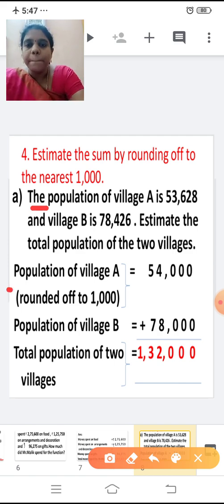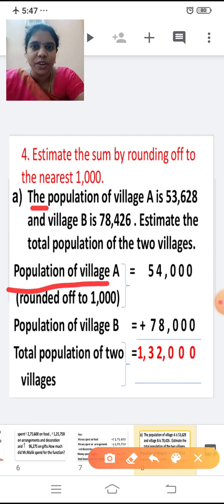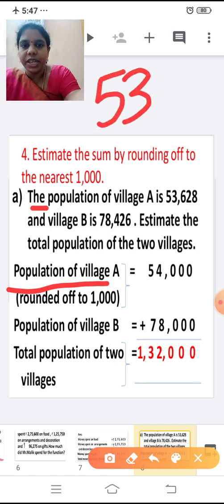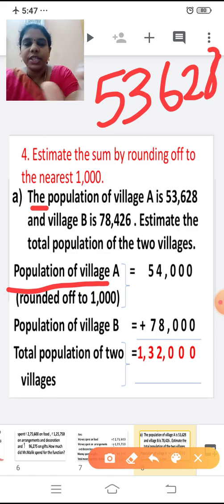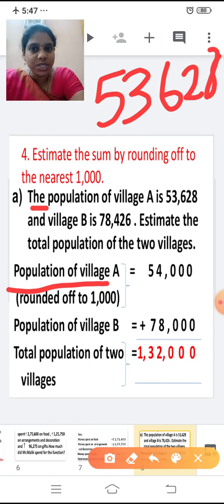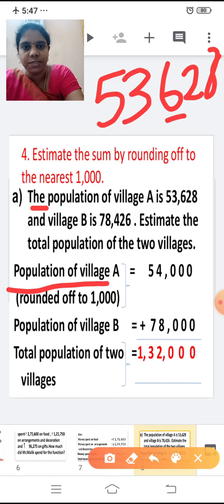First, write it down. Population of village A is equal to, what is the population of village A? Just see here, 53,628. To round off the number to the nearest thousand, you have to see the digit at the hundreds place. It is greater than 5. So what we have to do?